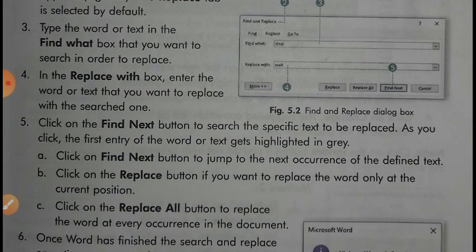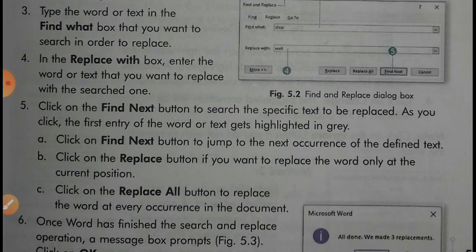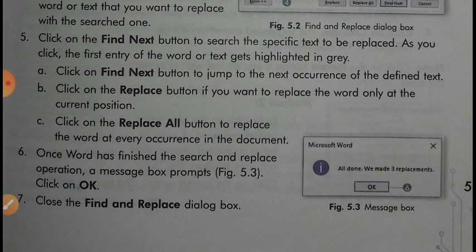and then click on the Find Next button to jump to the next occurrence of the defined text, and click on the Replace button if you want to replace the word only at the current position, and then click on the Replace All button to replace the word at every occurrence in the document.